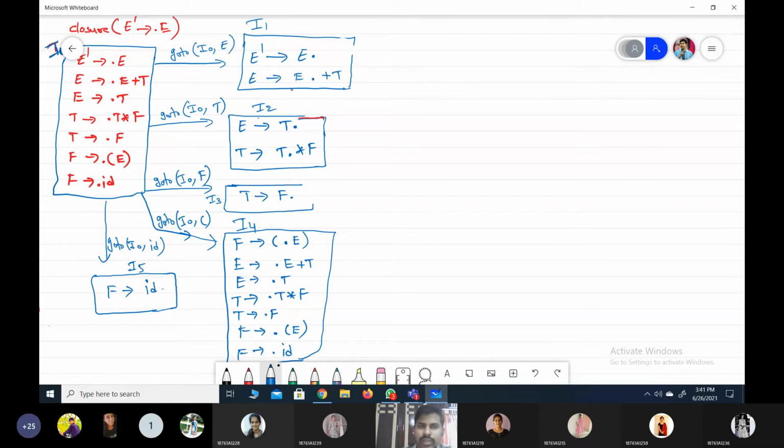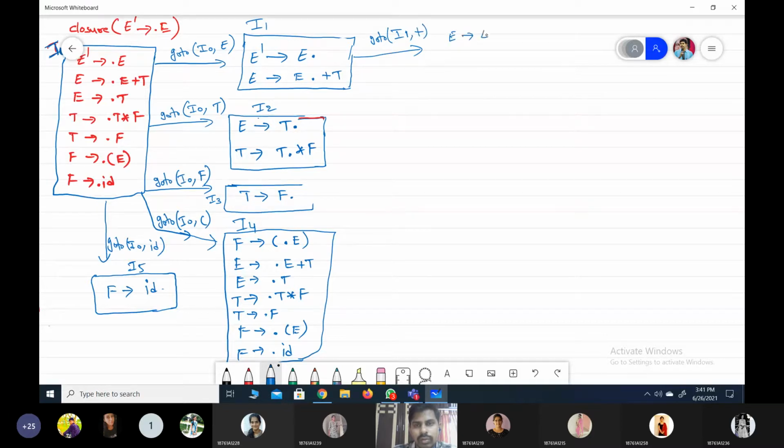Now I am extending the I1 state. So goto of I1, what is the state number here? I1. On I1, if plus is applied, then what is the item set?